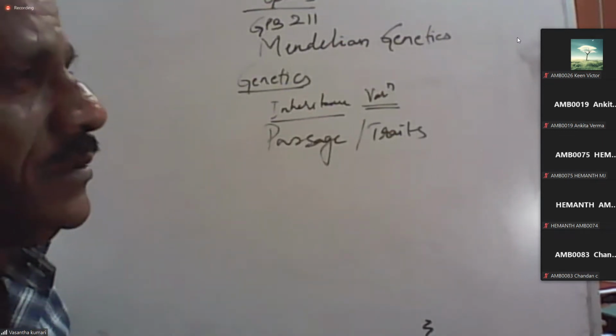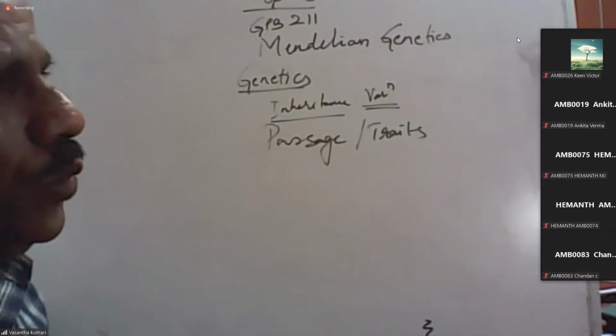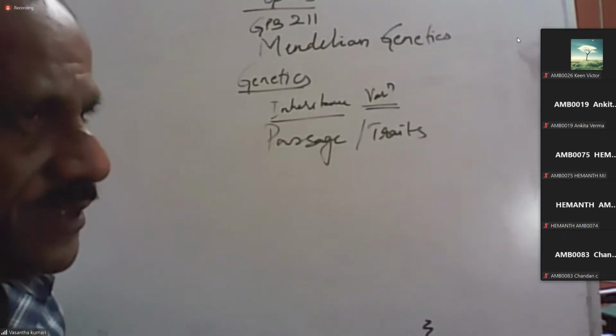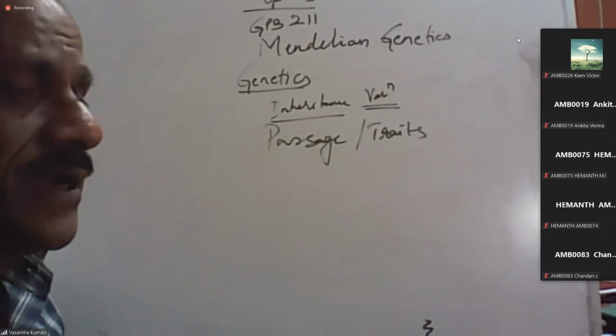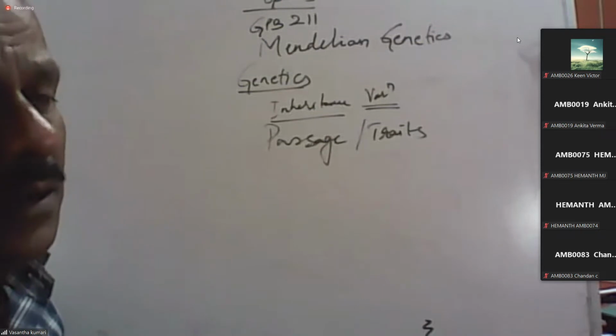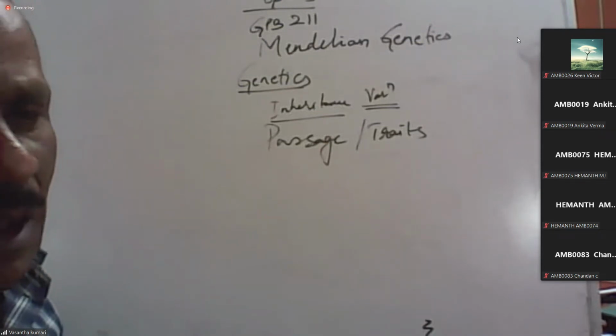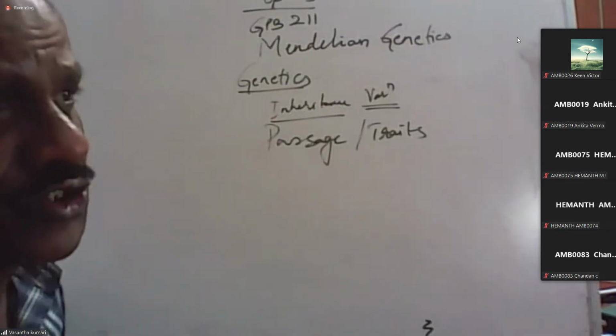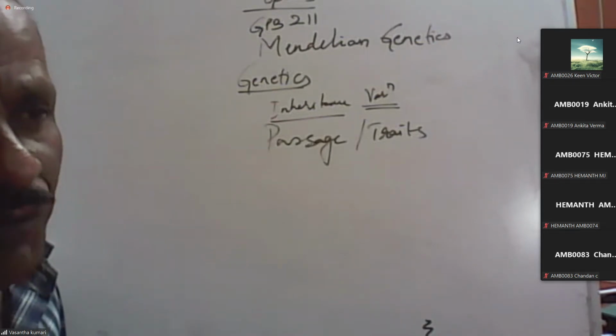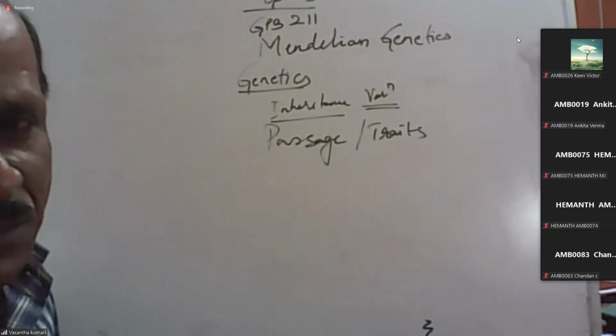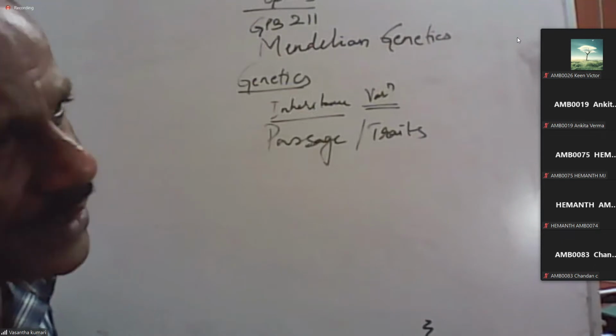That means that you would see some kind of differences for a character among progeny or among children from a pair of parents. Is that clear?